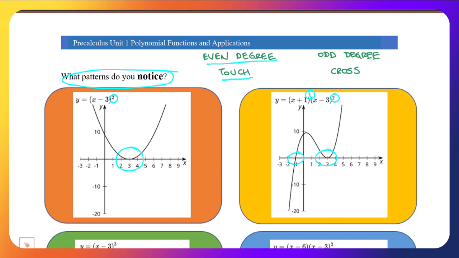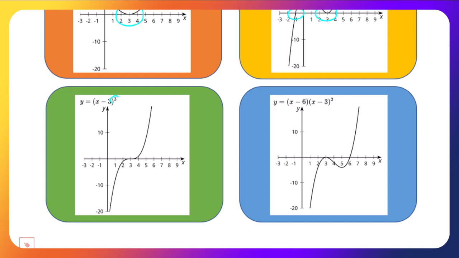So even, touch; odd, cross. Here it's odd, it crosses, but it crosses like a third-degree equation. Remember those third-degree equations we graphed in the past. First degree, odd, it goes through. Second degree, it touches.